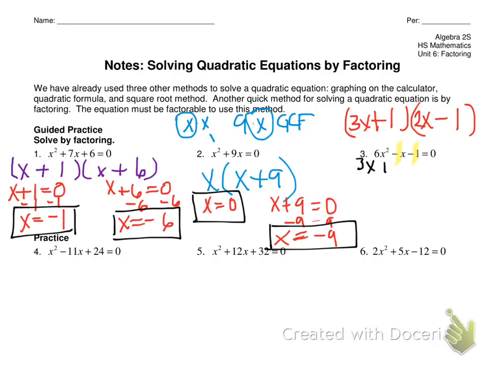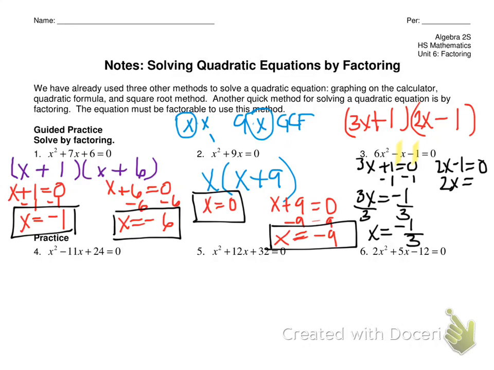So then I set each of those equal to 0. 3x plus 1 equals 0, and 2x minus 1 equals 0. Solve each of those, and you get x equals negative 1/3, and x equals a positive 1/2. Pretty simple, all right. Let's practice on number 4.